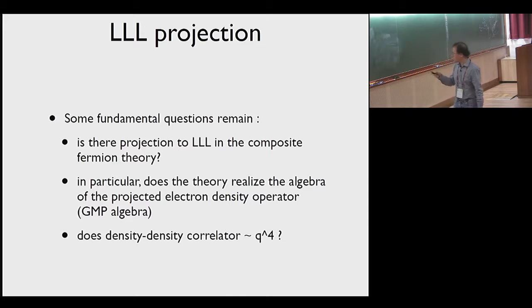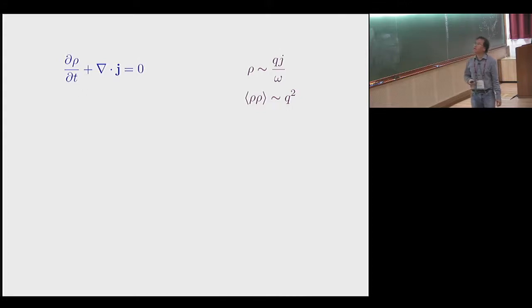Let me show you why this q to the fourth behavior at small q is related to the fact that we are on the lowest Landau level. So let's consider a general theory with a conserved charge, rho and j. The conservation law of the charge is d rho over dt plus gradient of j is equal to 0.